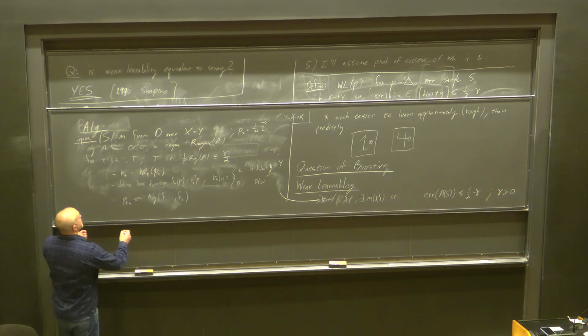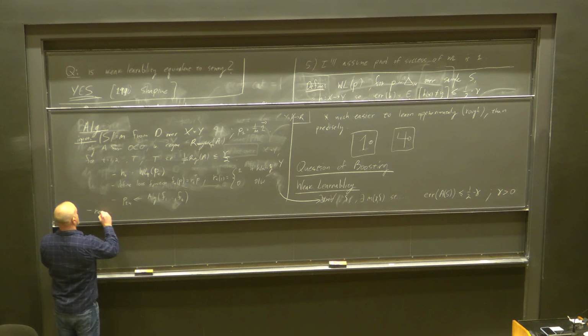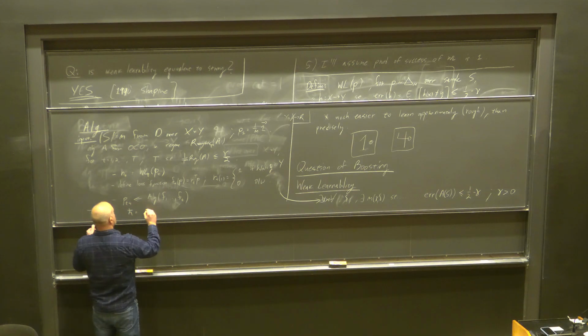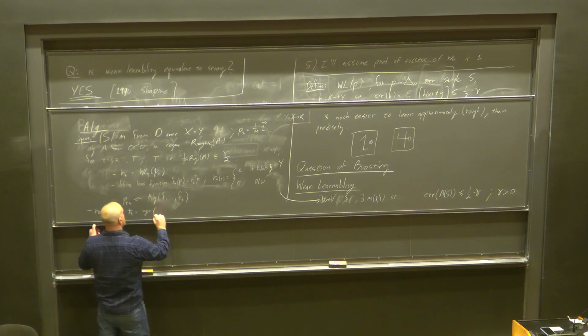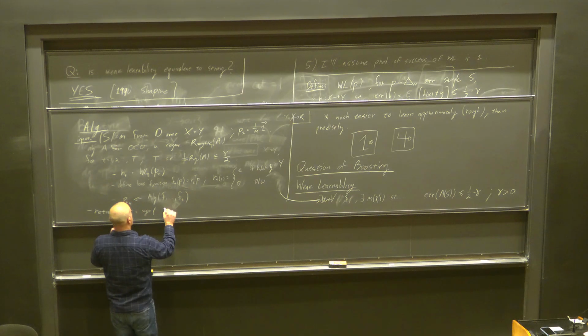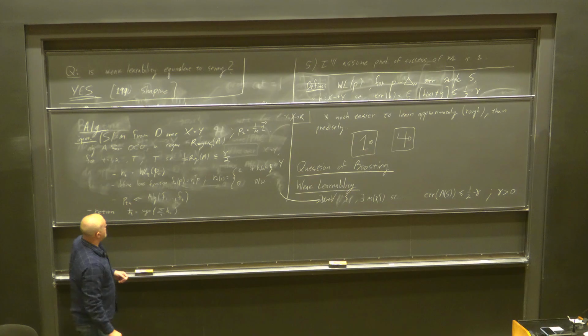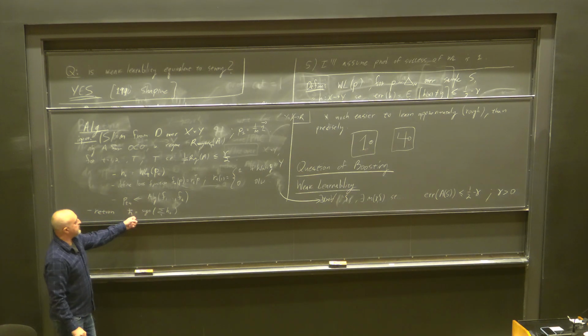And then I need to say, what do I return? After big T steps, I return h bar, which is going to be the sign function of the summation over t of h t. So my final hypothesis is the sign.